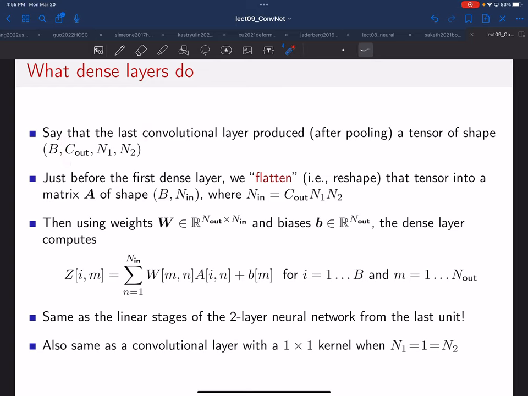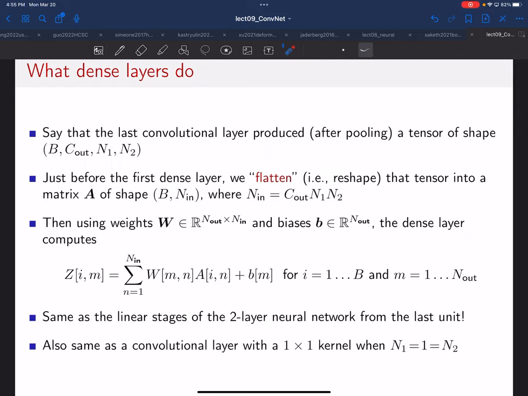We're going to do this separately for every batch element. So we're going to now get a matrix where we have elements in a batch and a certain number of new elements, where the number of elements in this vector is just this three-way tensor flattened. So C out times N1 times N2.